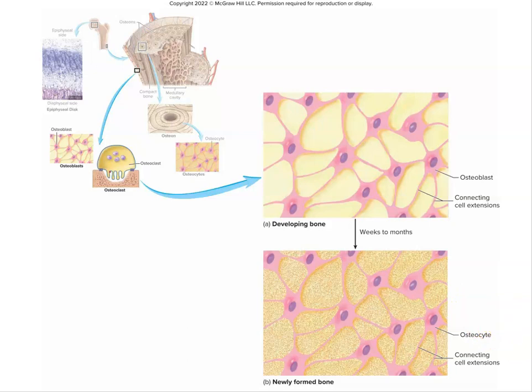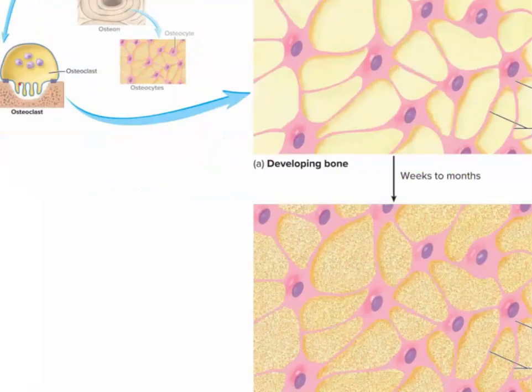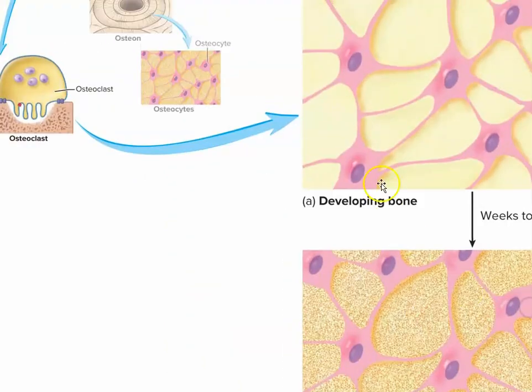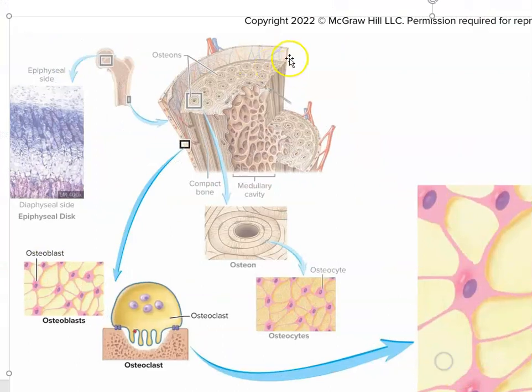Here we can see, zoom in here. So here we're looking at the osteons in our spongy bone, and then when we zoom in, we see just one osteon here.